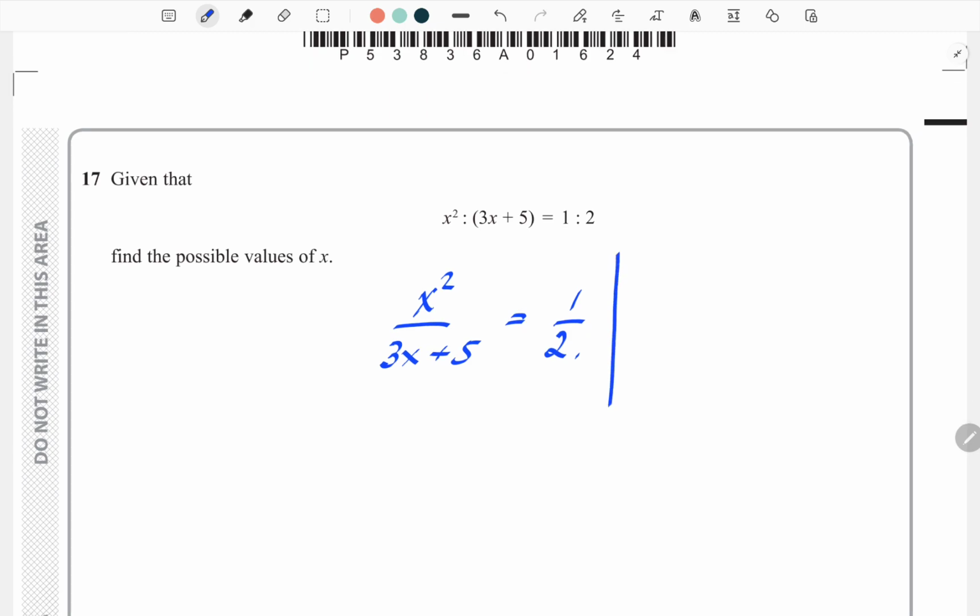The other way that I prefer to do this is to write x squared to 3x plus 5, and then the ratio of 1 to 2, and you cross multiply that way. It doesn't matter which way you write it, you have to cross multiply, and you get exactly the same result this way.